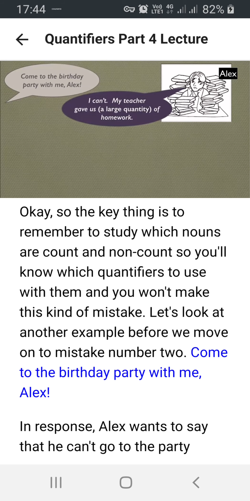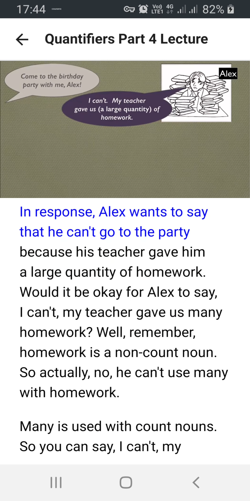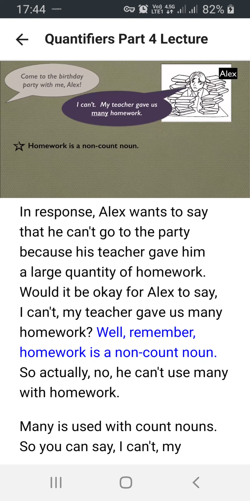In response, Alex wants to say that he can't go to the party because his teacher gave him a large quantity of homework. Would it be okay for Alex to say, I can't, my teacher gave us many homework? Well, remember, homework is a non-count noun. So actually, no, he can't use many with homework.